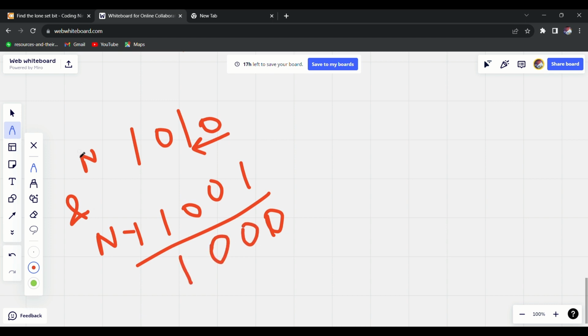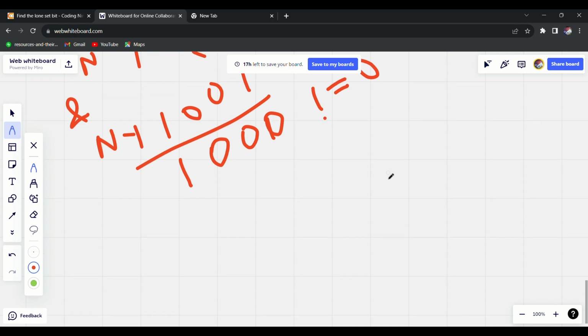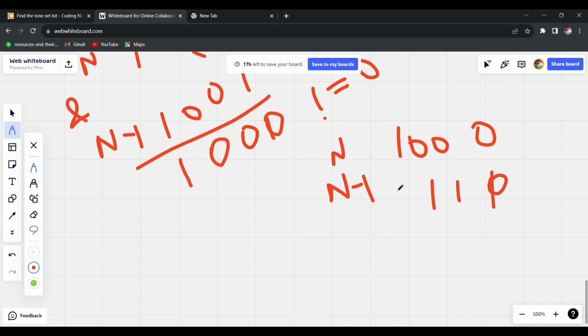So if the AND of n and n minus 1 is not equal to 0, we can just return minus 1, because there is more than one 1 in that n. And if n is 1 0 0 0, n minus 1 is 0 1 1 1, and the AND of the two will be 0.